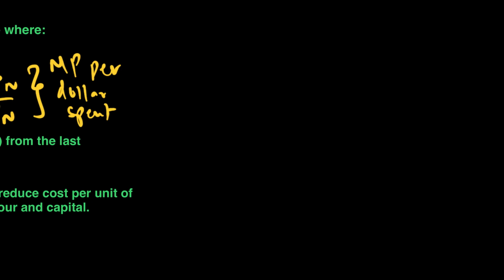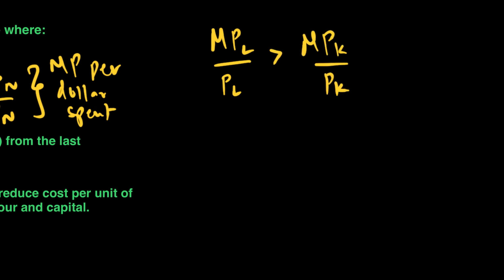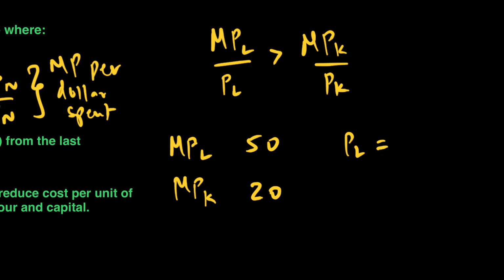Let's say you have a situation where MPL over price of L is greater than MPK over price of K. So let's say MPL is, for example, 50, and let's say MPK is, for example, 20. And let's say price of L is for example $10, and price of K is also, for example, $10. So let's say prices are the same, and labor gives us more per dollar spent than capital.